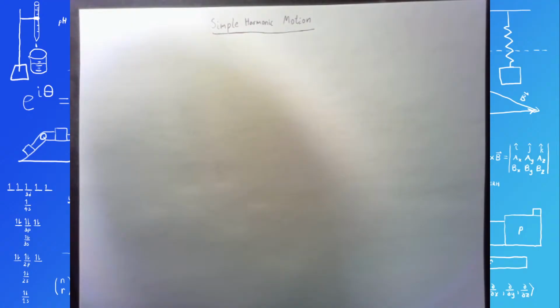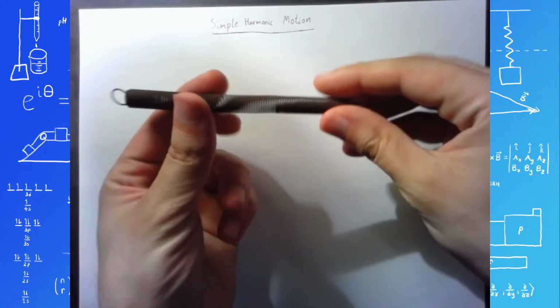We've talked about uniform circular motion. And now one more type of motion. And that'll be it for Physics 1 and Physics C as far as types of motion are concerned. Simple harmonic motion.